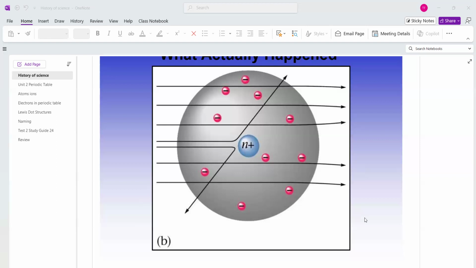But his data supports that. So what he said is the atom is composed of electrons, no organization yet, they're just in there. But most of the space is nothing. And the mass of that atom is contained in a tiny little dot.